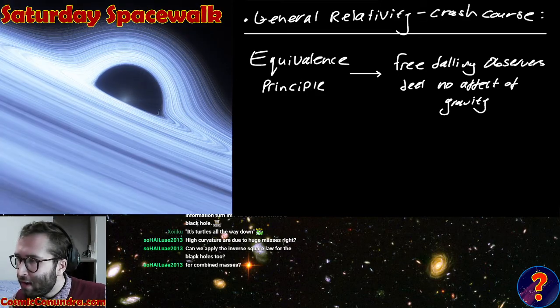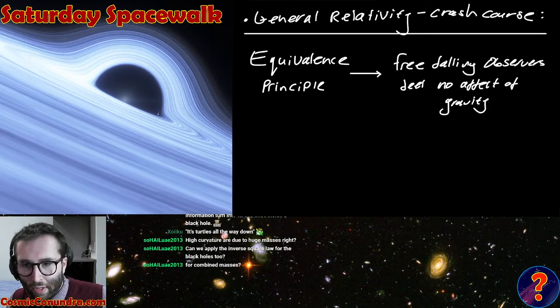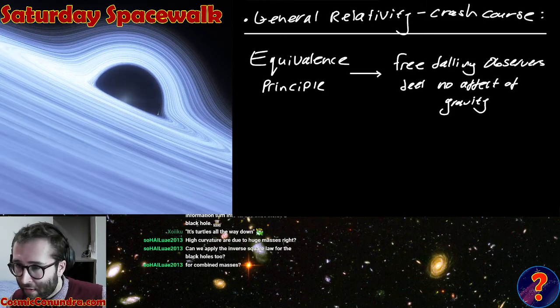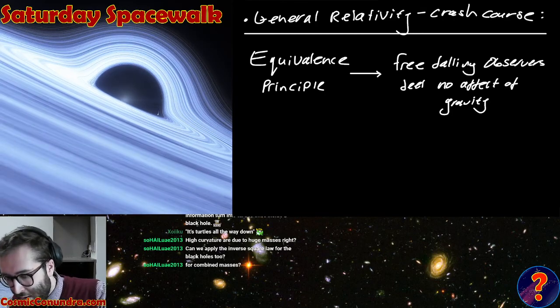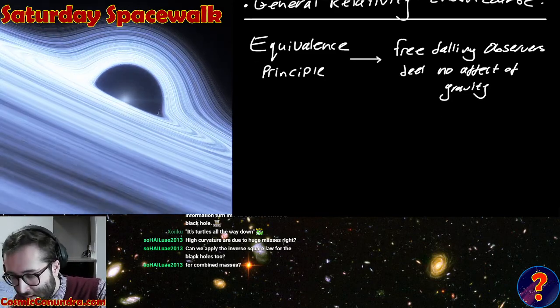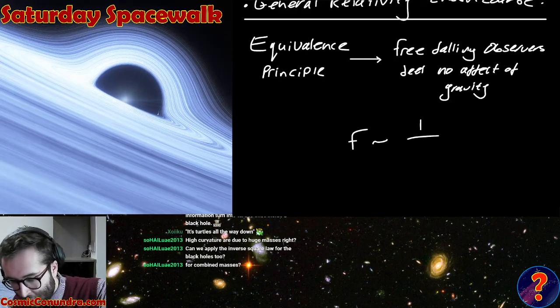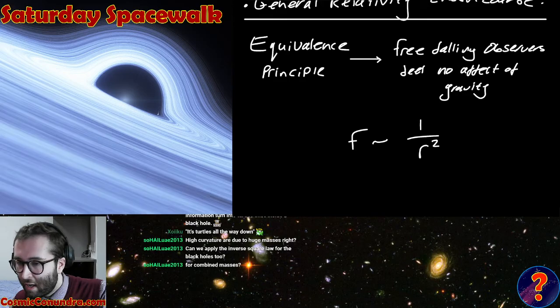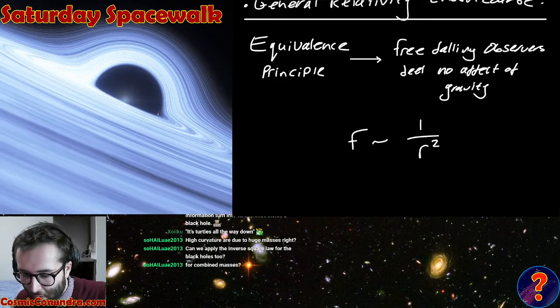So not only is the gravity around a black hole very strong, but also the rate at which the gravity changes is very fast. You can think about this just in terms of Newton's equation. Newton says that the force of gravity when you're a distance r away from a mass is given by 1 over r squared.